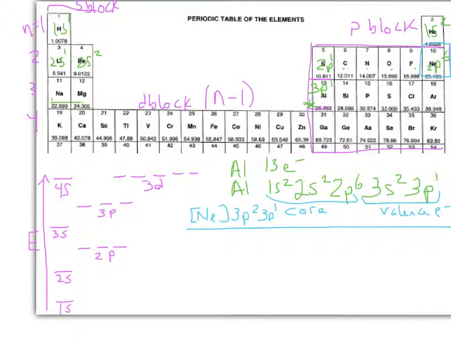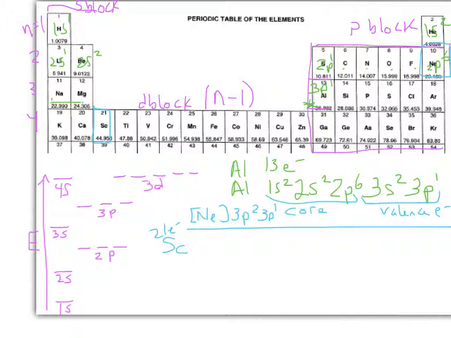Okay, now let's do the electron configuration for scandium. Now we're finally going to get into these d electrons. Writing out the complete configuration, we see that we have 21 electrons.